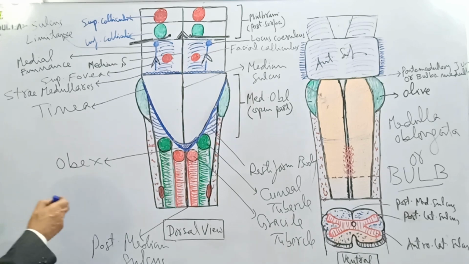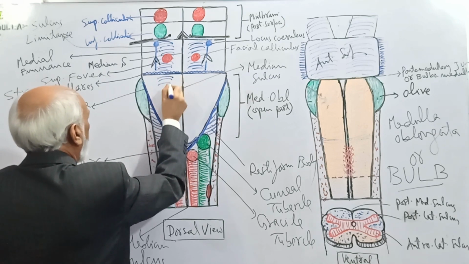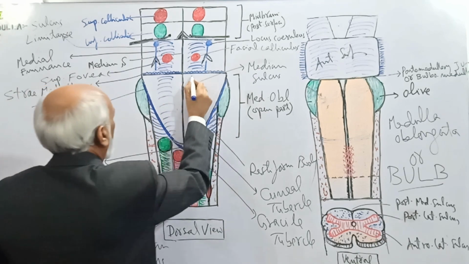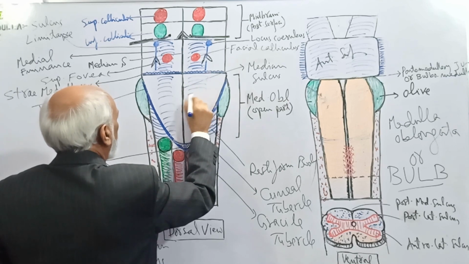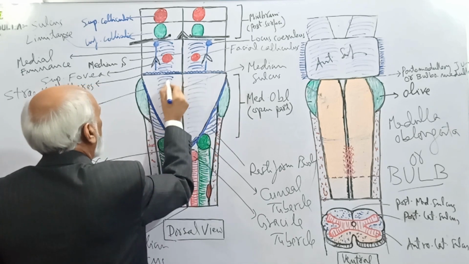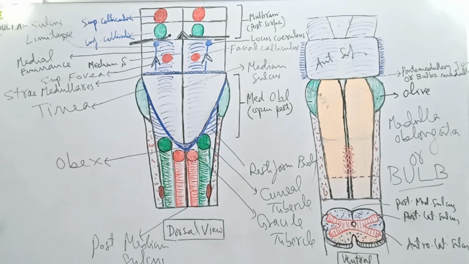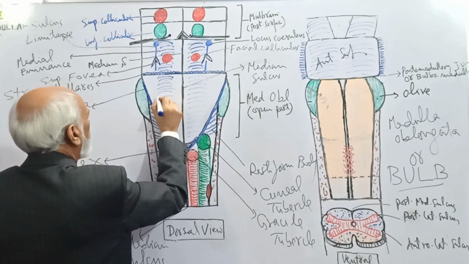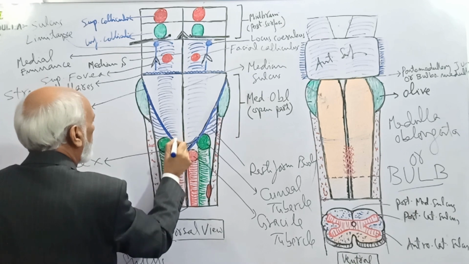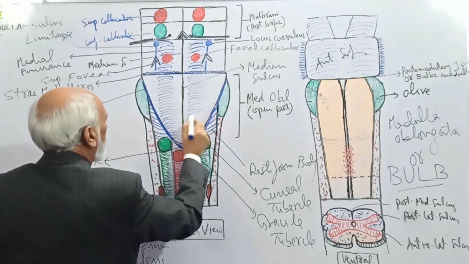Now, these eminences continue into the dorsal surface of the open part of the medulla oblongata, on each side of the median sulcus, which is in continuity with the median sulcus of the dorsal surface of the pons. Medial eminence, not medial sulcus.